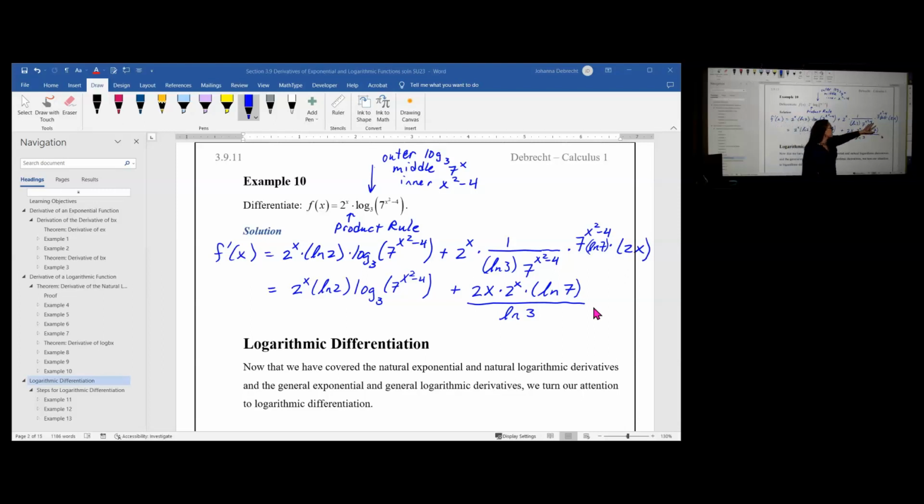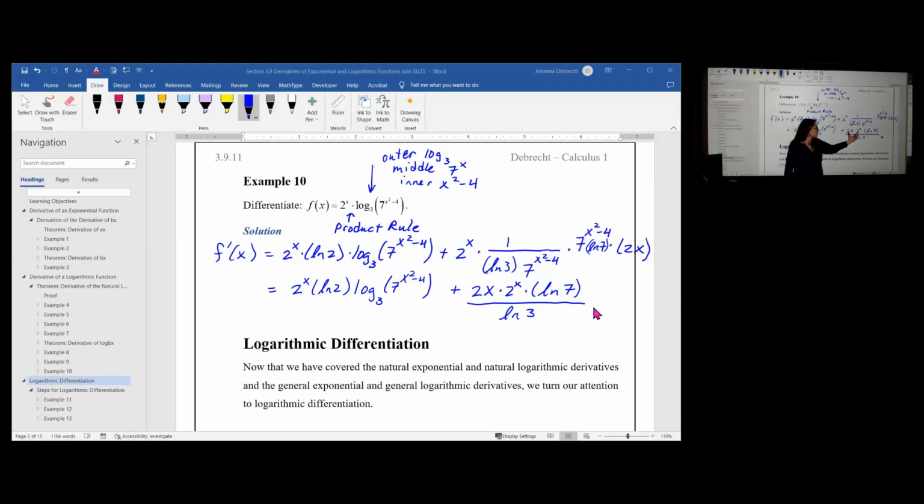I have to multiply by the derivative of that 7 to the x squared minus 4, which gives me 7 to the x squared minus 4, times another natural log of 7 because the base is not e, times the derivative of x squared minus 4, which is 2x. Notice this gives me the exponential 7 to the x squared minus 4 in both numerator and denominator, so they cancel. This is the final result that we get here.